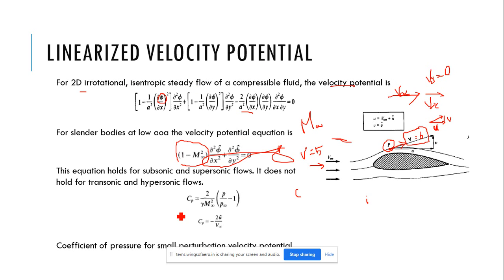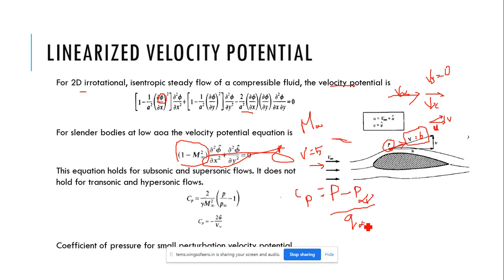Normally for incompressible flow, Cp equal to what? P minus P infinity divided by Q infinity. P minus P infinity divided by Q infinity.